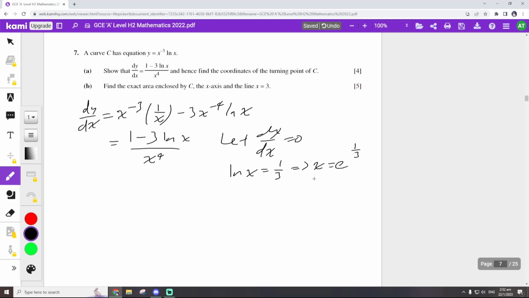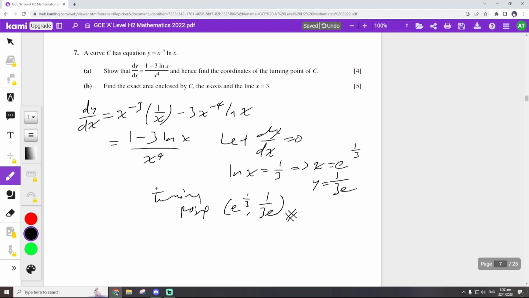Okay, and y is, well, 1 over e, then ln of e to the 1/3 is 1/3, so it's 1 over 3e. Okay, so the turning point is (e^(1/3), 1/(3e)). Okay, find the exact area enclosed by C, the x-axis, and the line x equals 3.